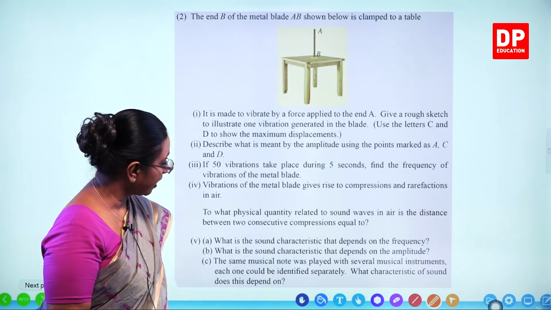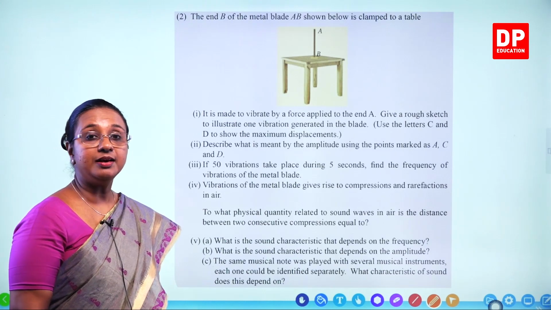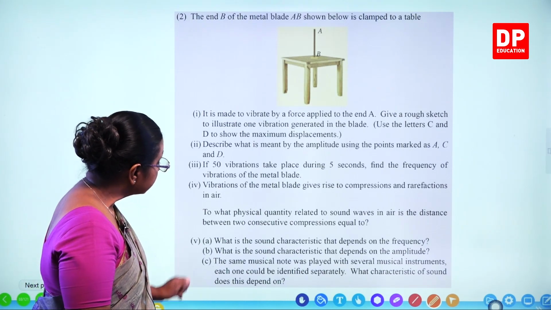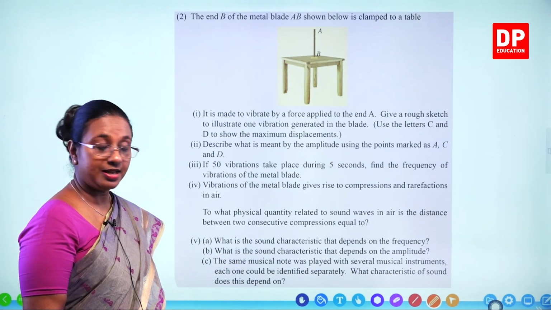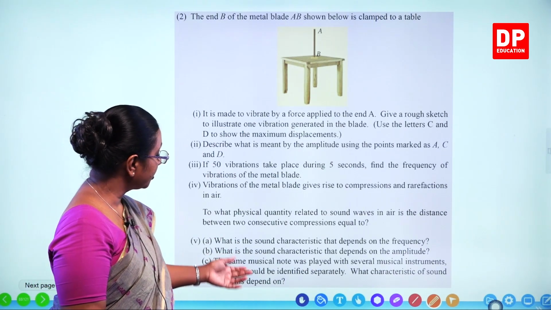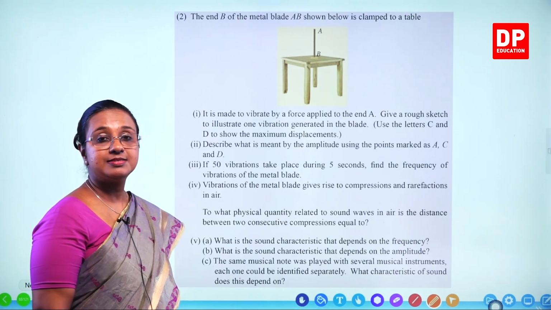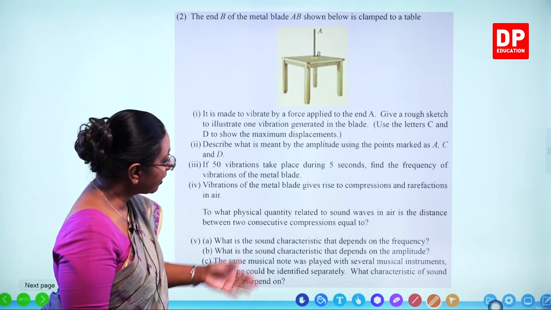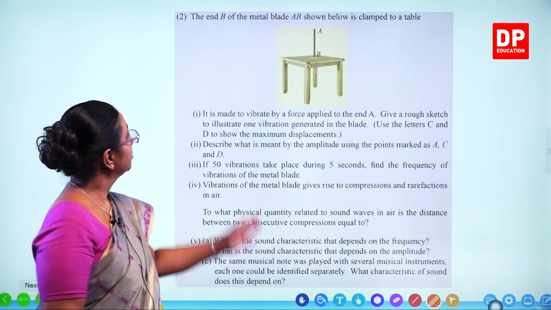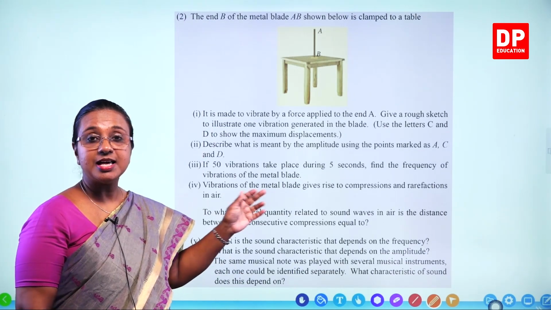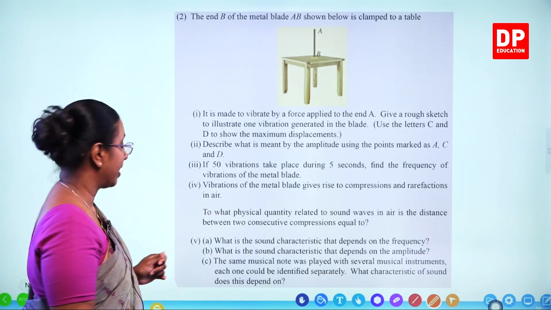What is the sound characteristic that depends on the amplitude? The same musical note was played with several musical instruments. Each one could be identified separately. What characteristic of sound does this depend on? So these are the questions. I will answer them one by one.